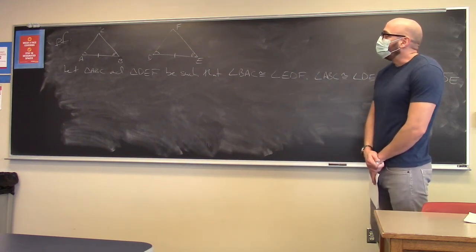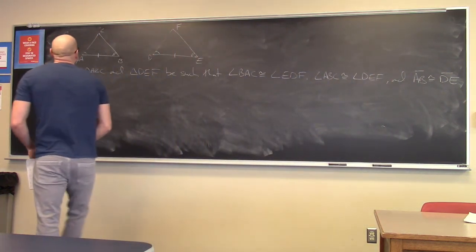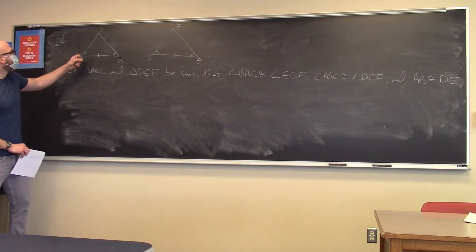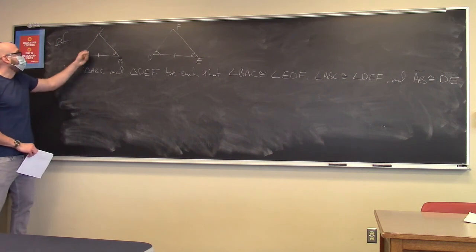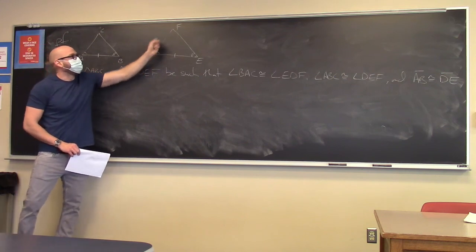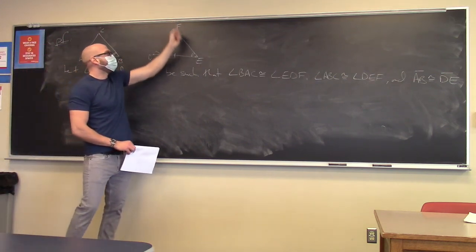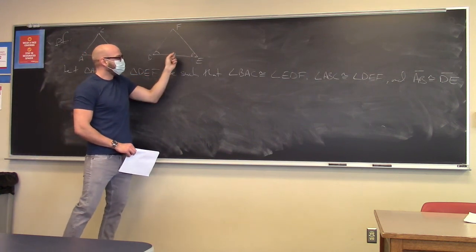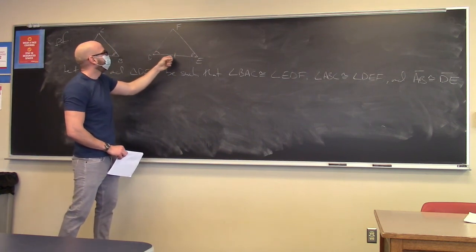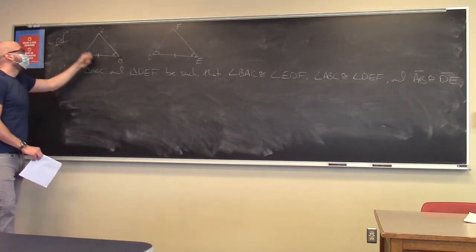Well, if I want to invoke SAS to show they're congruent, then what do I need to show? I need to show that I can do either one of these. If I can show AC is the same length as DF, we'd be done, right? Or if I can show that BC is congruent to EF, if they're the same length, then once again I can invoke SAS, right? In either case.